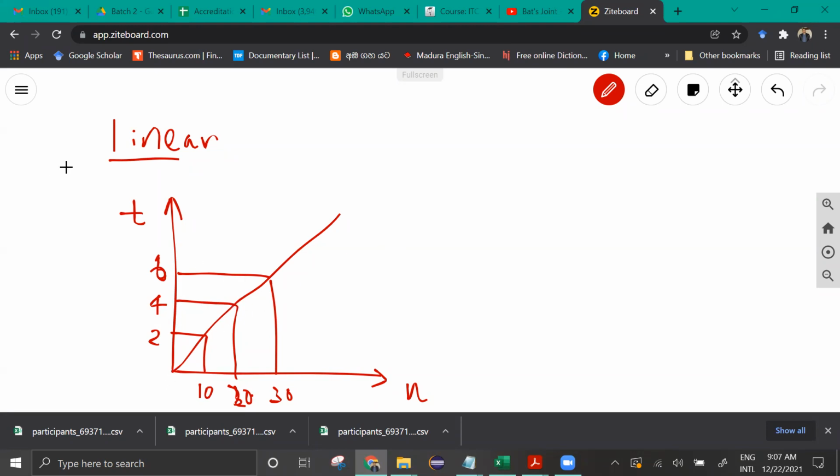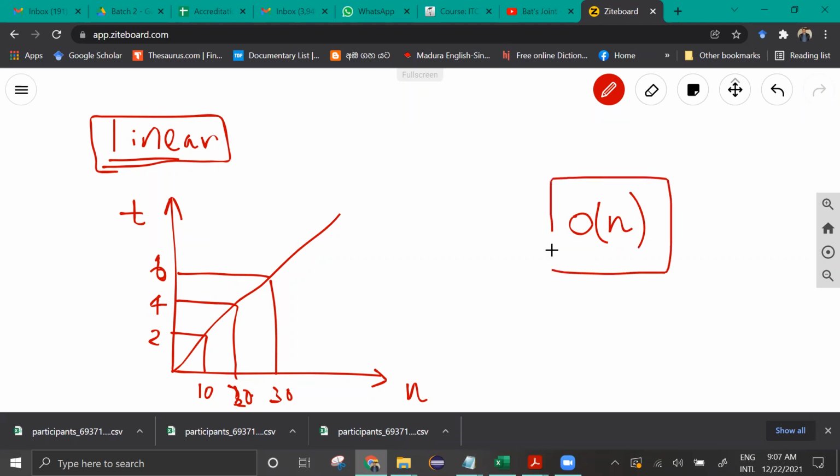Right? It is linear time calculation. So it is like big O n. This is how we give the value. So I will give examples. Linear time.